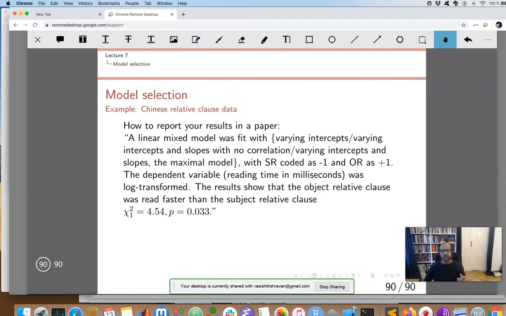And if you want to know what the estimates were in that particular data set, too bad, you're never going to find out. So it's very important to provide all the information associated with every data analysis that you do. I would give the contrast coding, explain what the dependent variable was, whether it was log transformed or not, and then provide the chi-squared statistic from the likelihood ratio test from the anova function and the p-value associated with that.